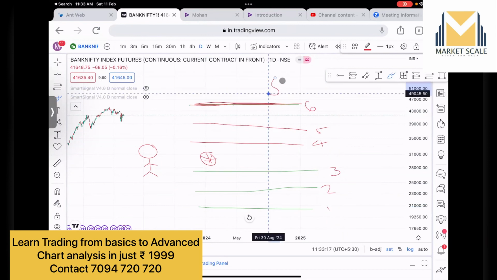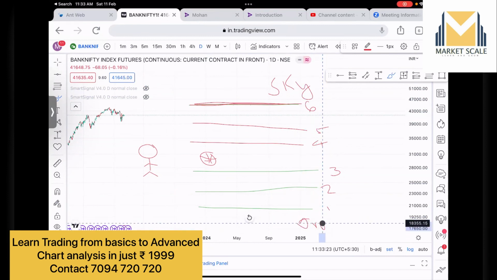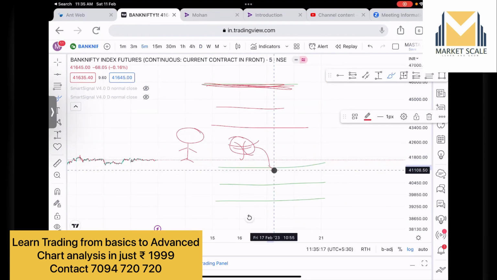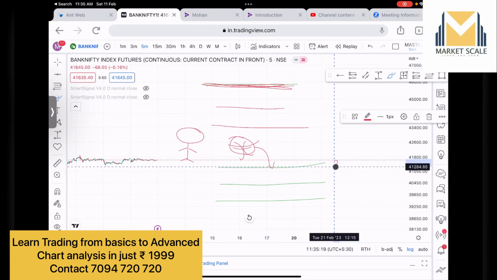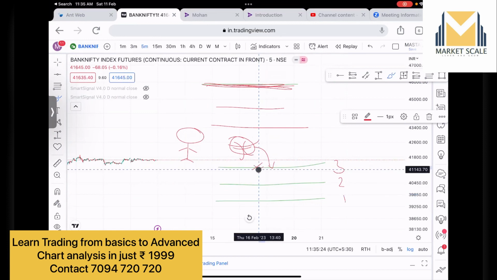This is the sky, this is the ground, and this is the third floor, right? If the ball hits the third floor, what will happen? If the floor is very weak and the ball has huge force, it will easily break through and go up.